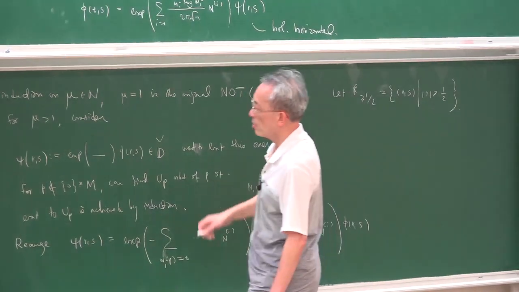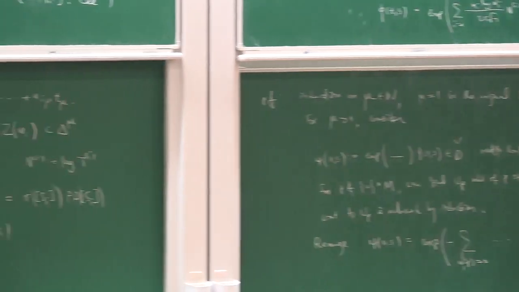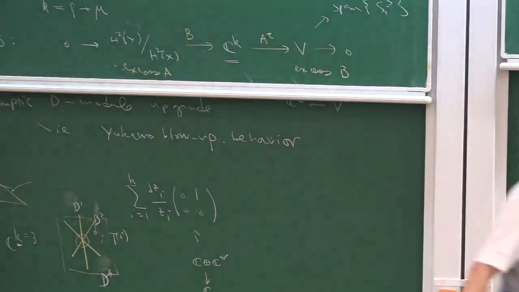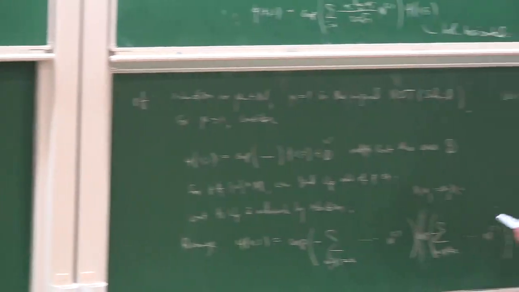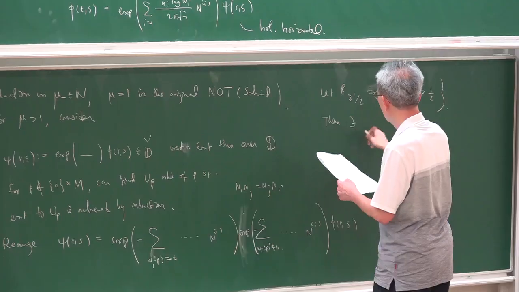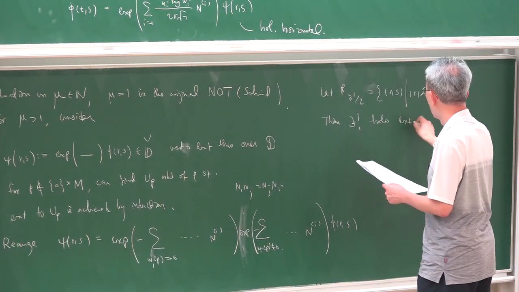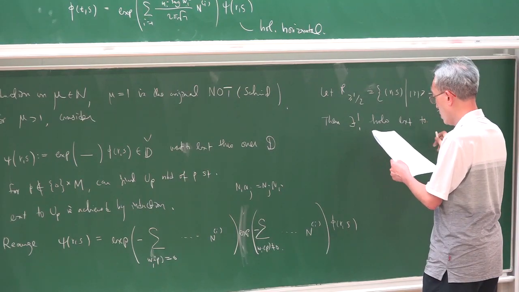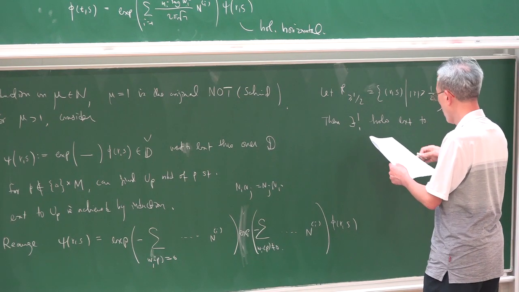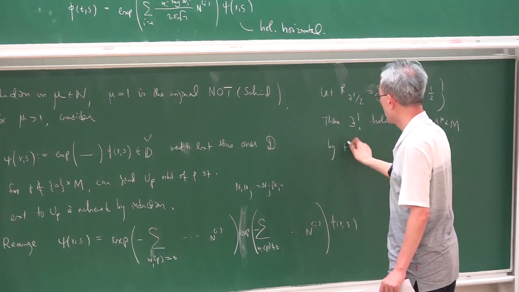So we take away some part, and there exists a unique holomorphic extension to the whole space simply by Hartogs extension.